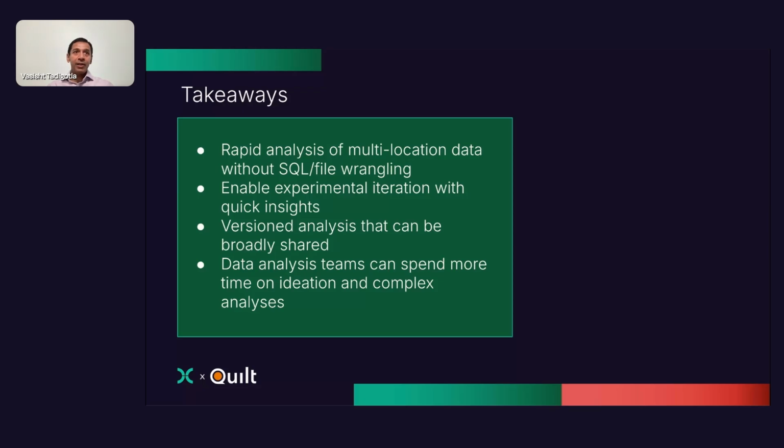And being able to provide this information quickly to the folks in the lab makes it easier for them to iterate on experiments. And the analysis teams can spend more time on newer ideas and more complex analysis than the basic questions around, did my experiment work? Or is this my favorite pathway upregulated?